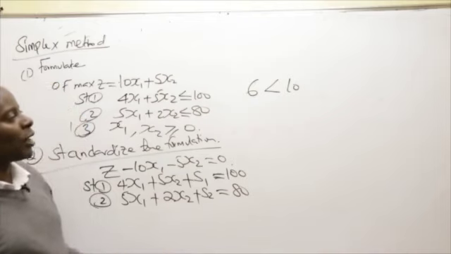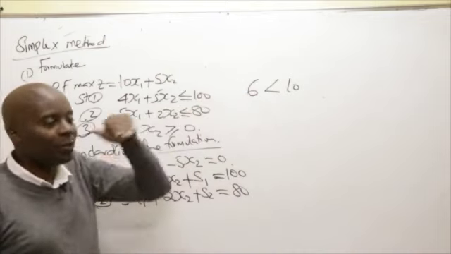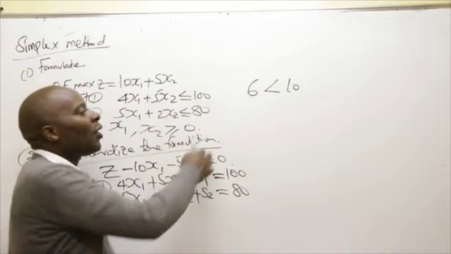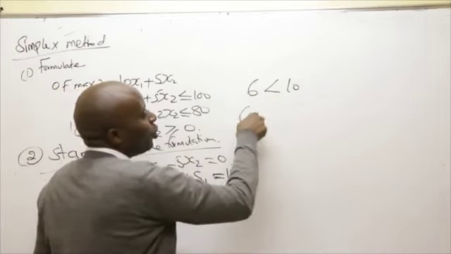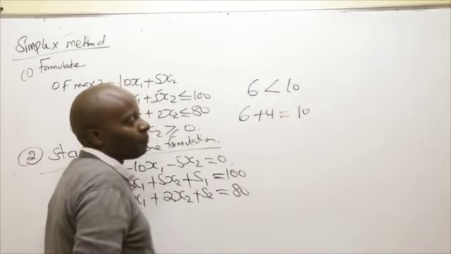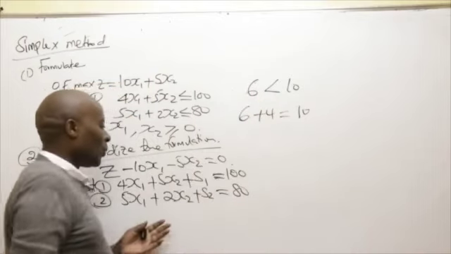You'll have to ask yourself, what do I add on the left-hand side to have the two sides being equal? In this case it is the difference. The difference between the two is 4. So I come on top of 6 plus 4 equals 10.